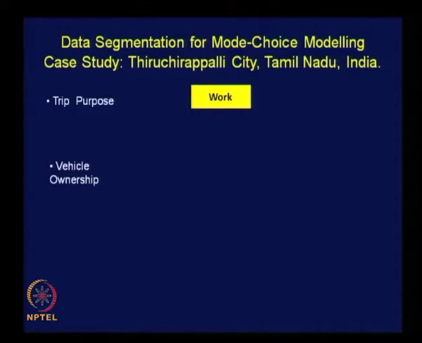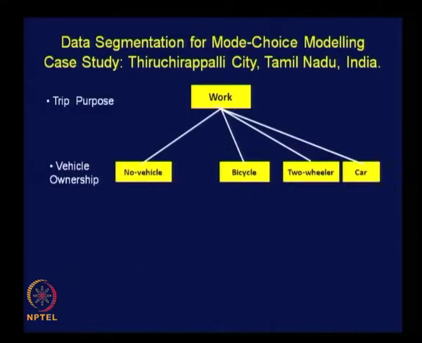Maybe after some time we may have to change. So, divide the travelers into 4 categories as shown here: the no vehicle owning category, the bicycle owning group, the two-wheeler owning group, and the car owning group.